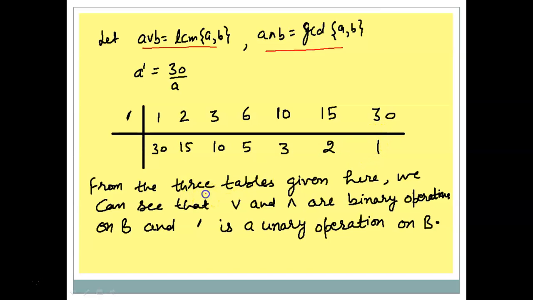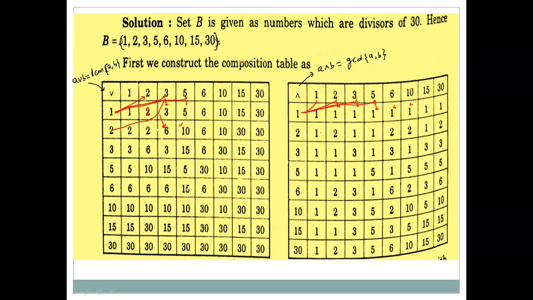Now from these three tables given here, we can see that join and meet are binary operations. Why? Because in these two tables, when you apply this join operation on any two elements, you can see all elements in the whole table are elements from B itself, and likewise in the other table.